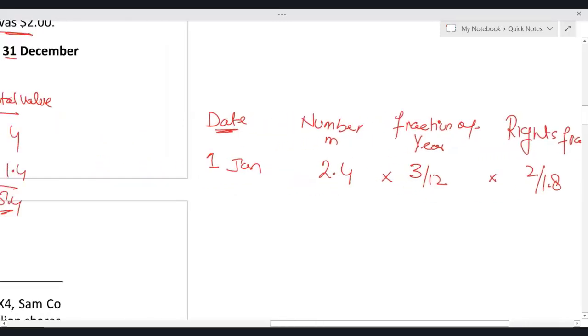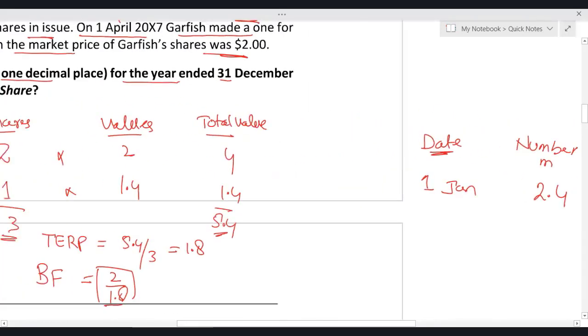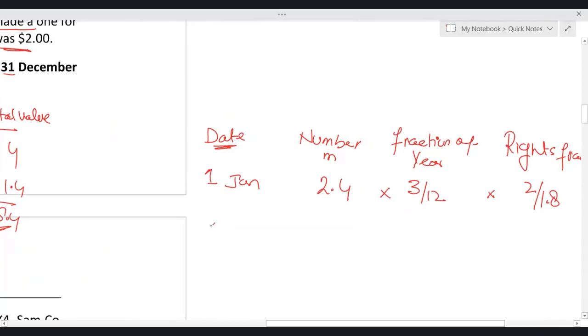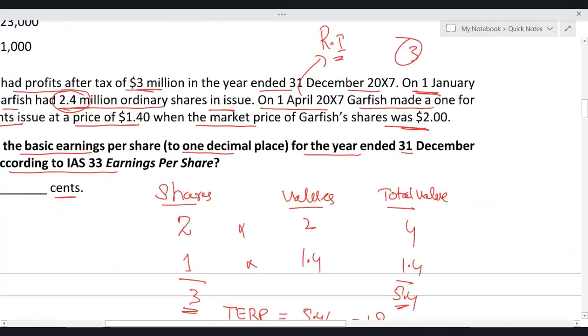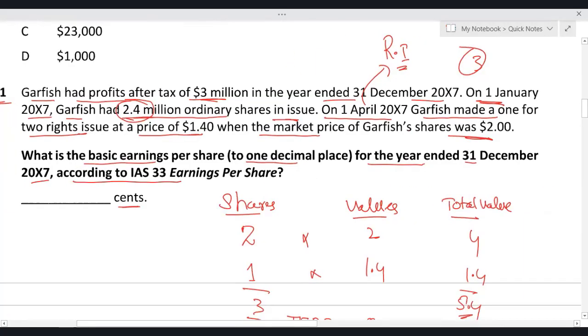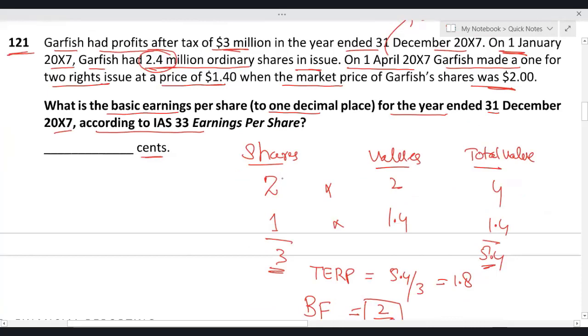Now, on 1st April, please try to understand. The company has made a right issue against 2 shares, the company has made 1 right.